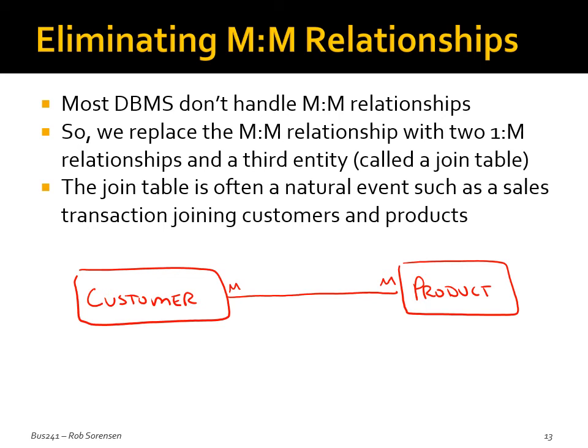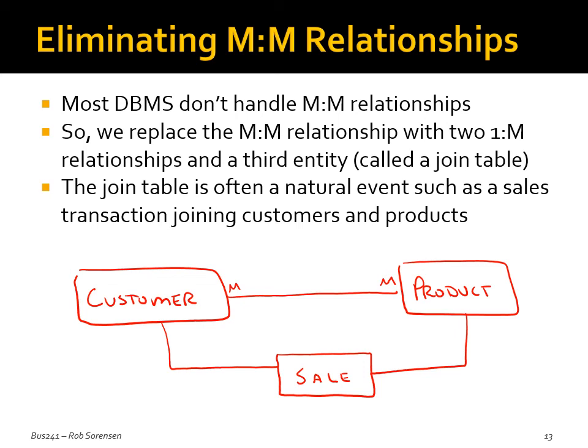Instead, we have to add in a new table in the middle to connect these two things instead. What would that new table be? Well, what's the event that connects a customer and a product together? Probably the sale or the order. You could decide the sale or the order, and that would connect them, wouldn't it?